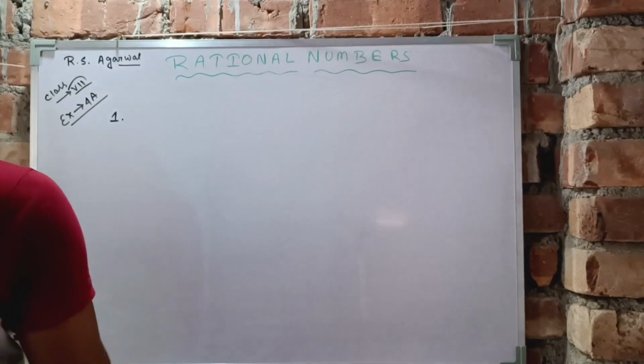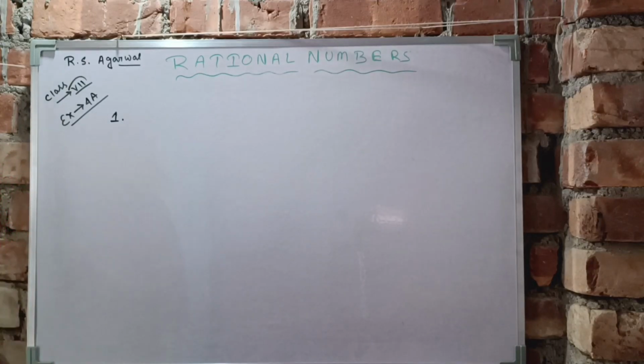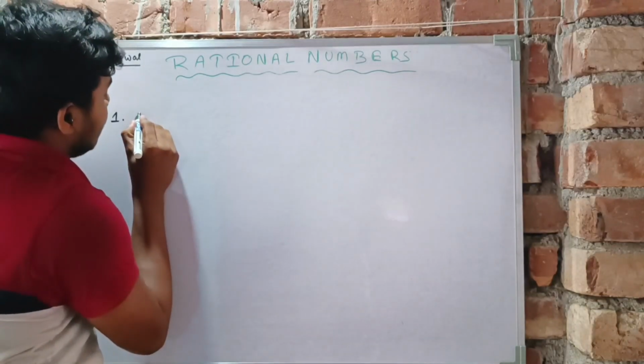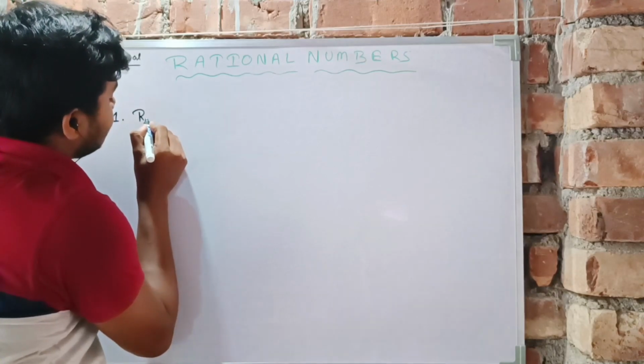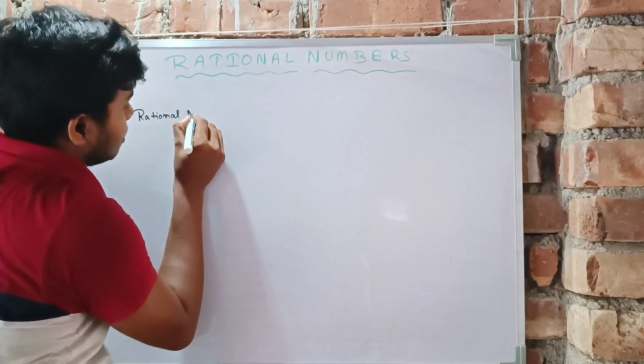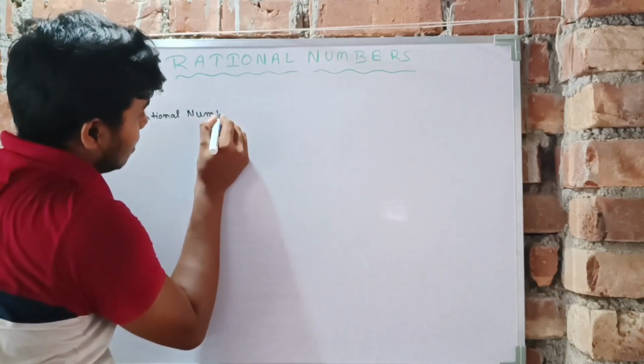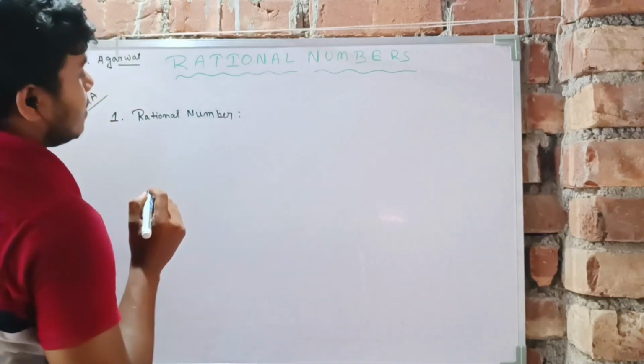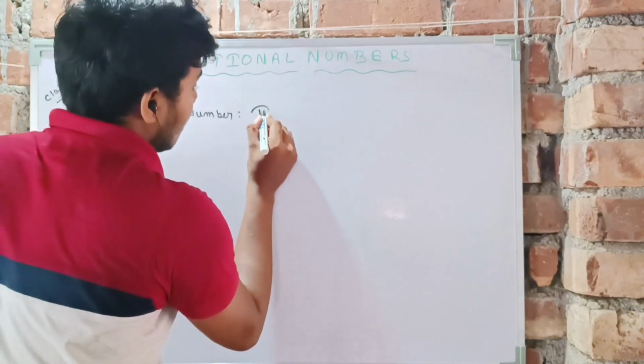What is the first question? The first question asks what are rational numbers. So they want the definition of rational numbers. What are rational numbers?